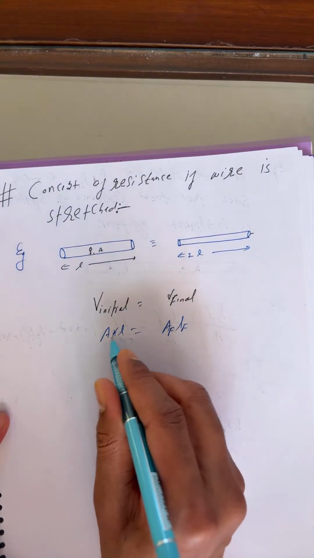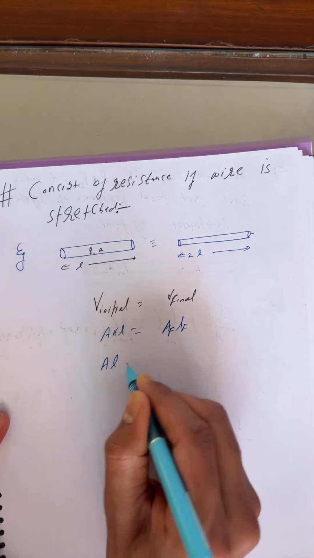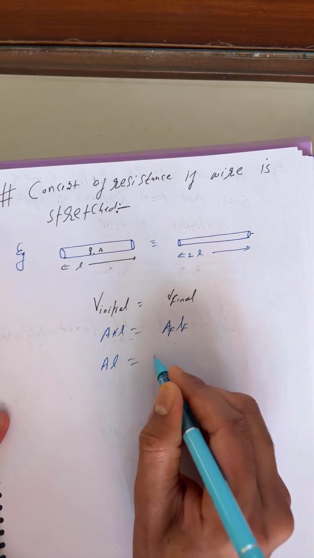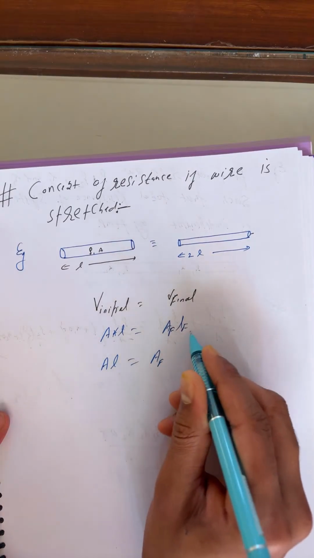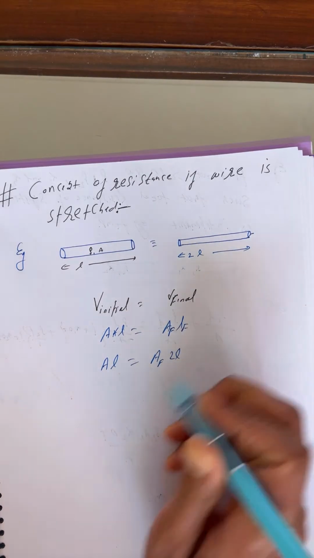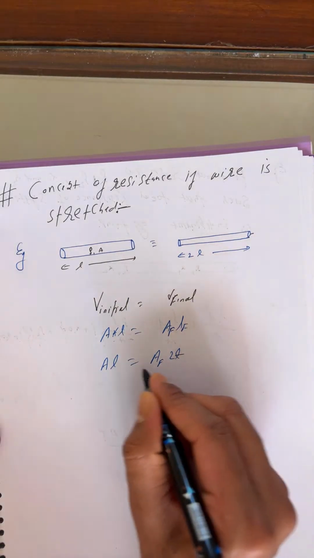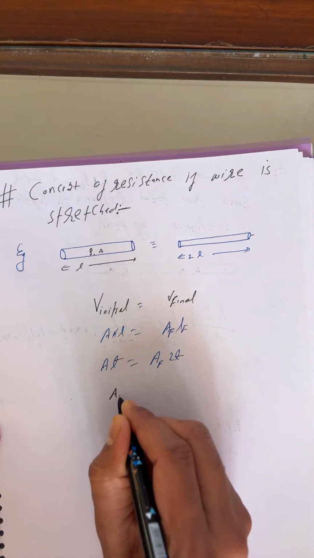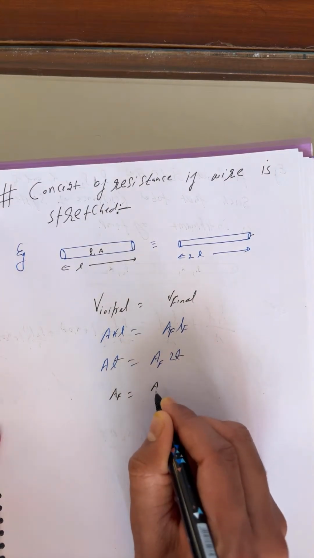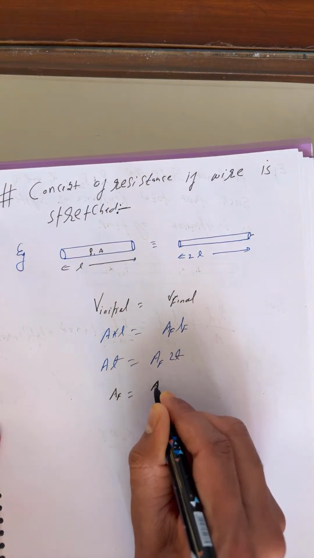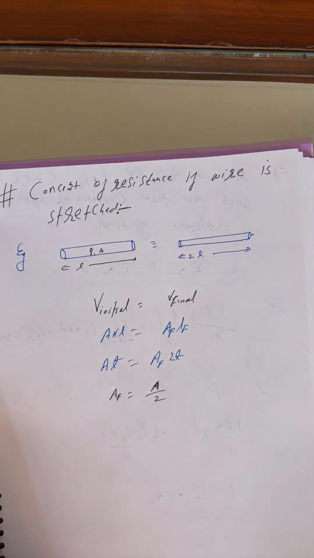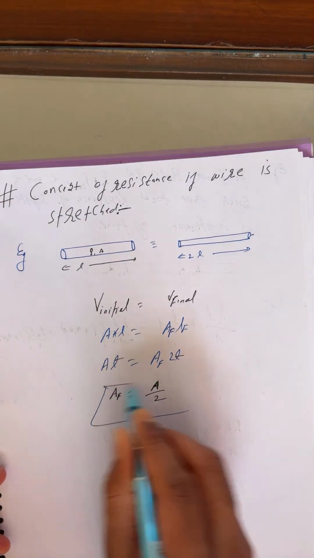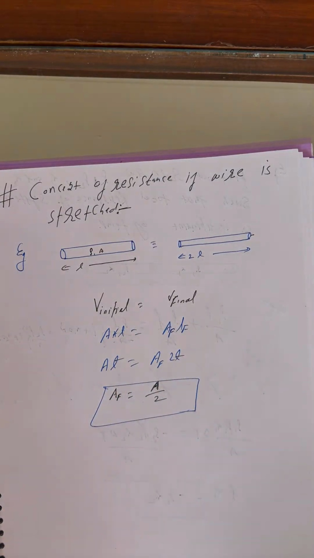So area initial into length remains constant, and area final we don't know. Length final is mentioned here, this is 2L. Now we can say L and L cancel. So students, you can write area final, which is equal to A by 2.